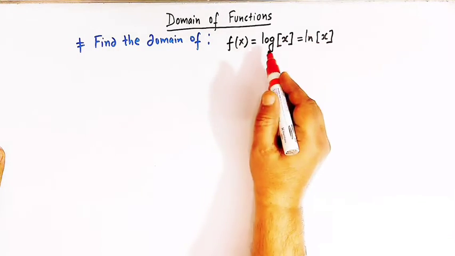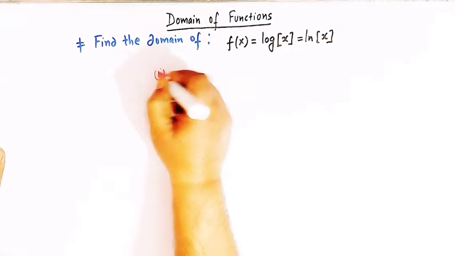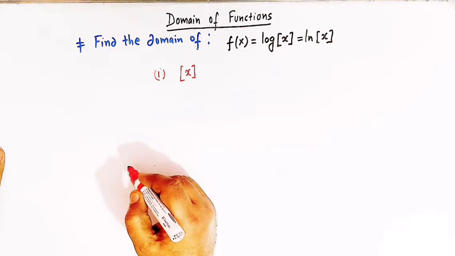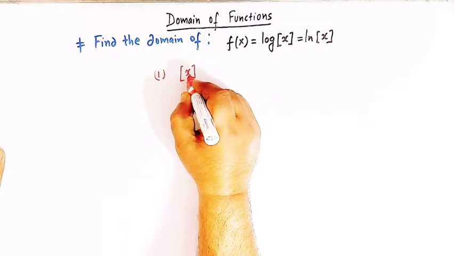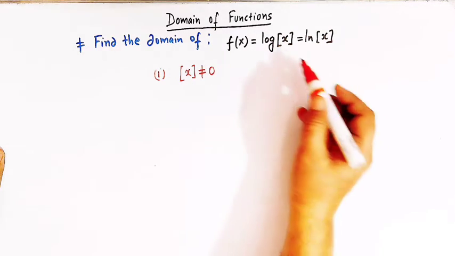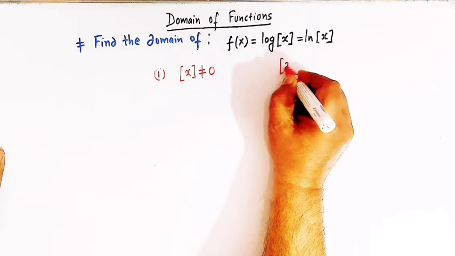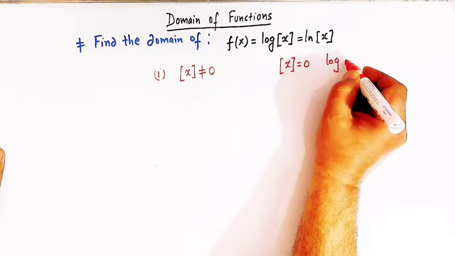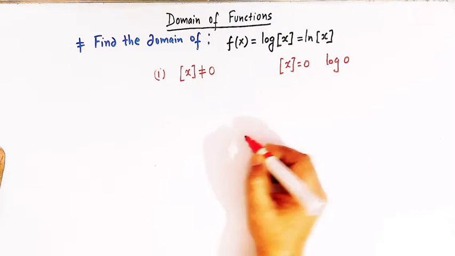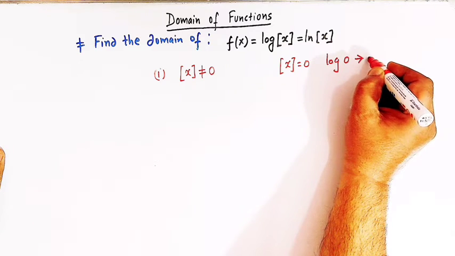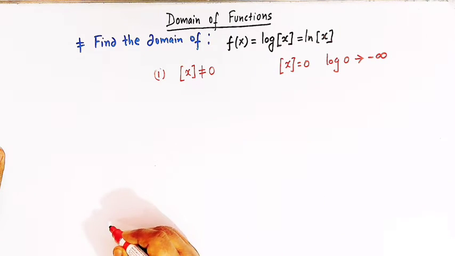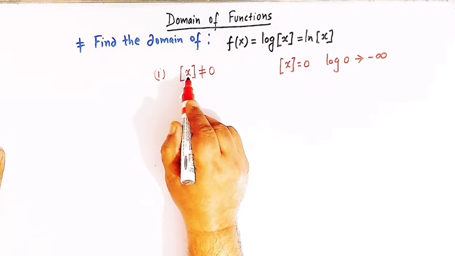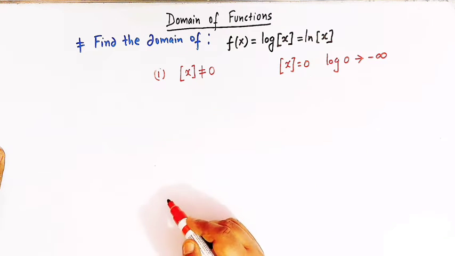The first important point is that the greatest integer of x should not be equal to 0, because when the greatest integer of x is equal to 0, then we have log of 0, and log of 0 tends to minus infinity, right?